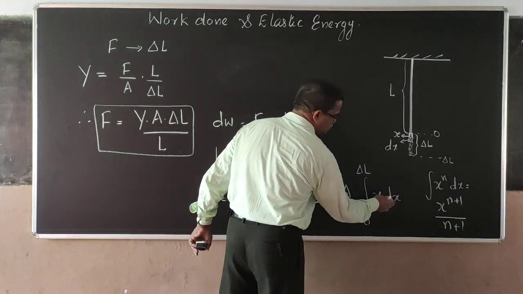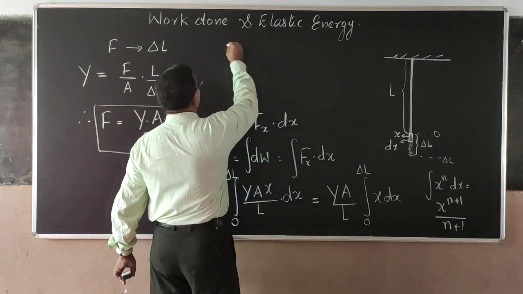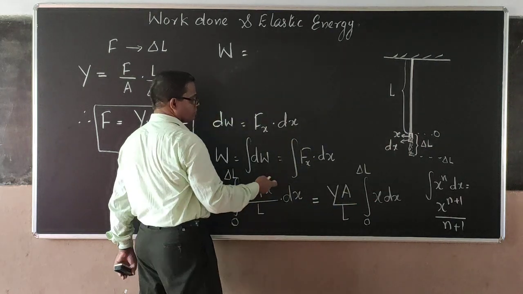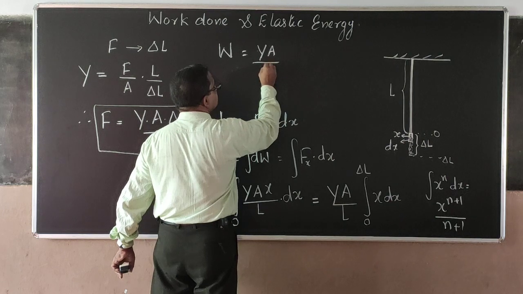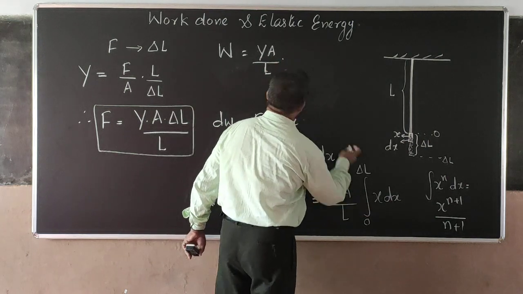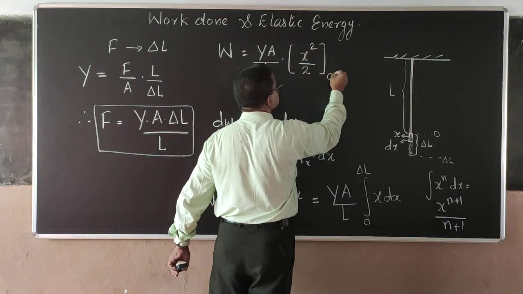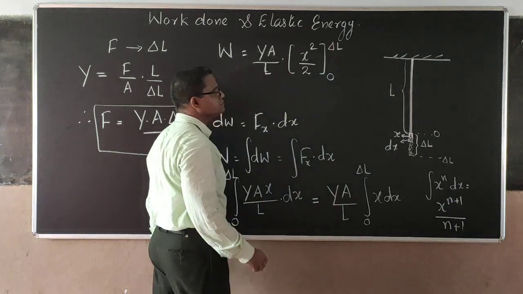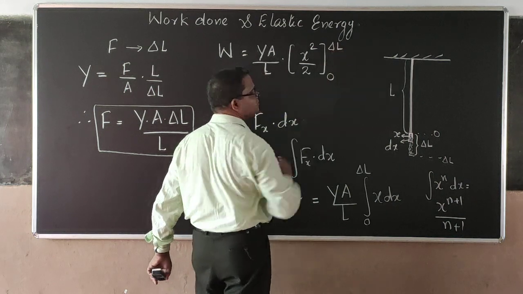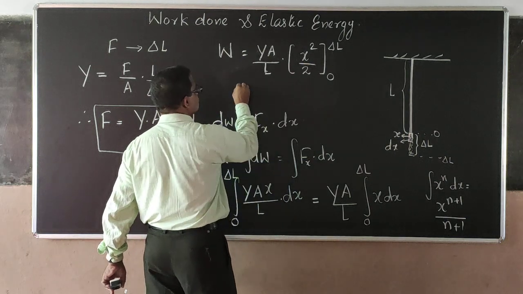So here x dx is x raised to 1 dx, and therefore the work done W will be equal to Y into A divided by L into x square by 2, according to the identity, from 0 to delta L. So x takes the value delta L at the upper limit, and the lower limit is 0.